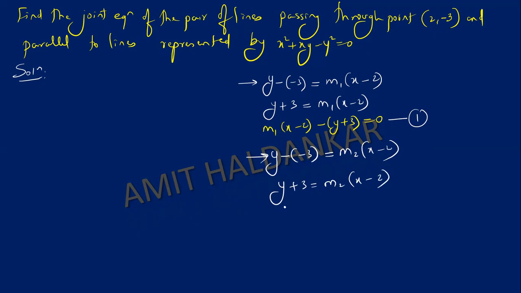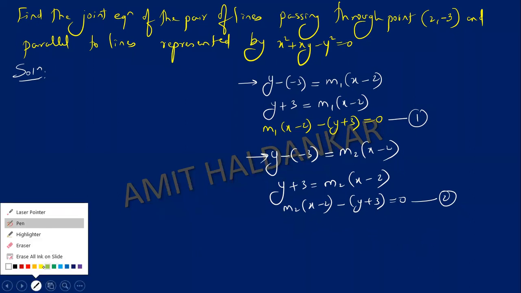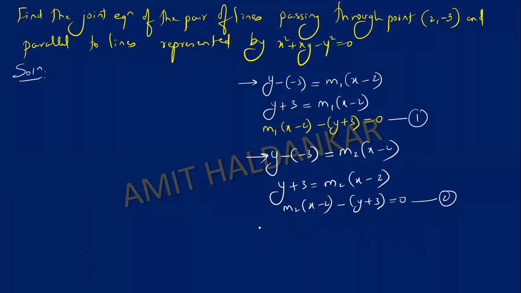This will be m2 into x minus 2 minus y plus 3. Now these are the separate equations that you get. When I multiply these two separate equations, I will get the joint equation.